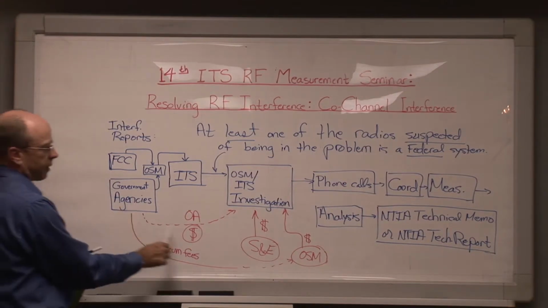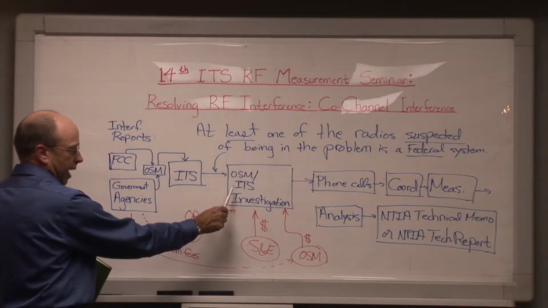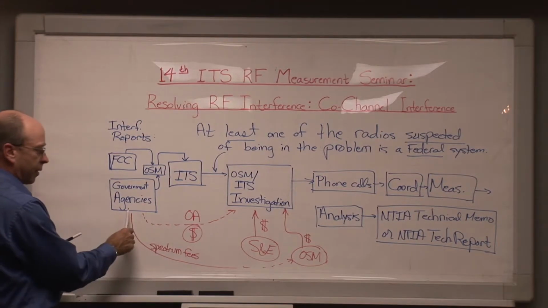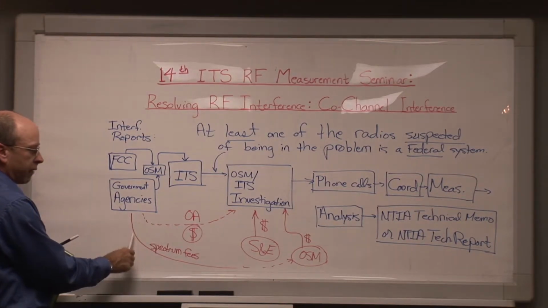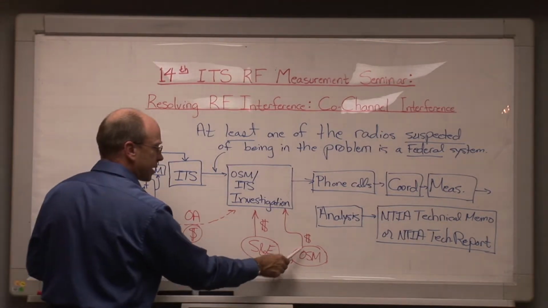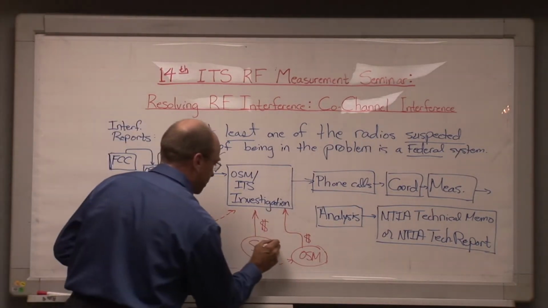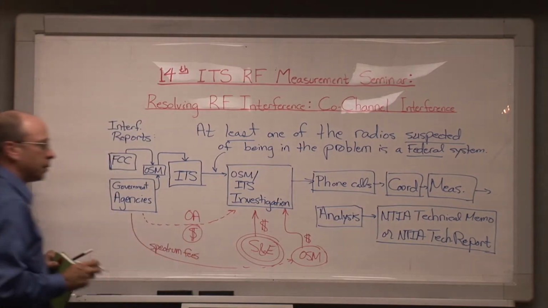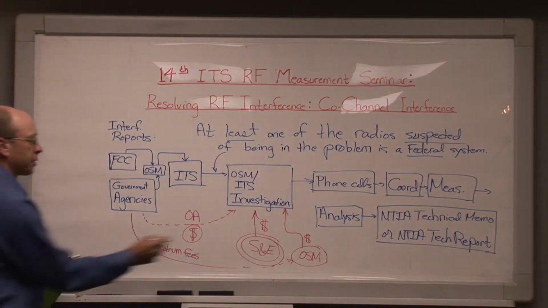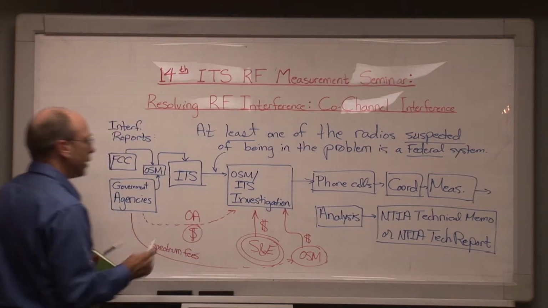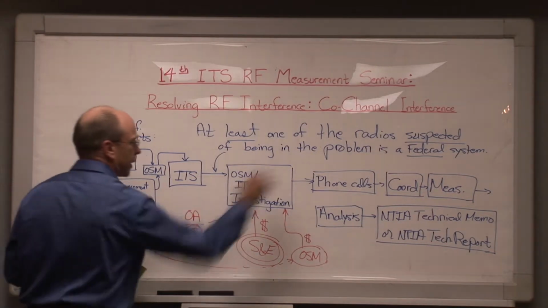So an agency can contract directly with ITS and or OSM to do the work, or they can provide the money via spectrum fees to OSM, and then OSM in turn provides that money up here for the investigation. Or, depending upon the situation, we can use the money that comes directly to ITS from Congress, the so-called S&E money that we have. And obviously, if there's no funding, then we can't investigate it.